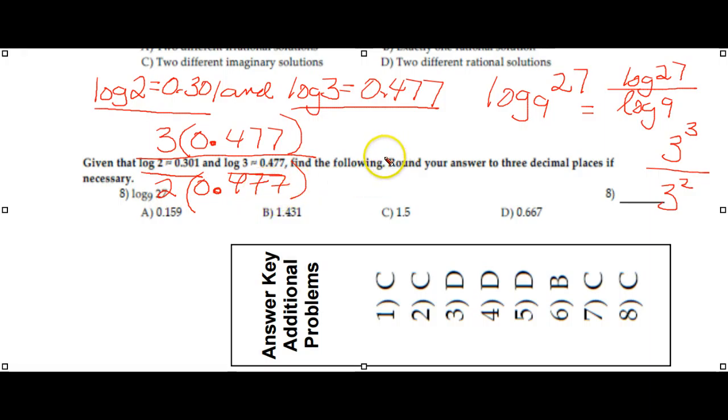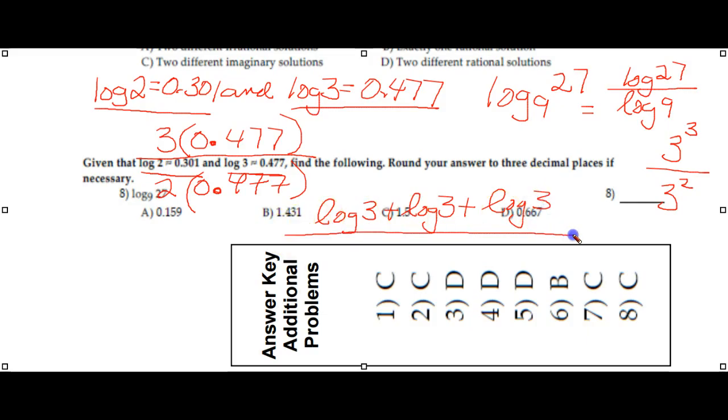Another way of doing it would be to put this in its expanded log form, where it would be log of 3 plus log of 3 plus log of 3, all divided by log of 3 plus log of 3.